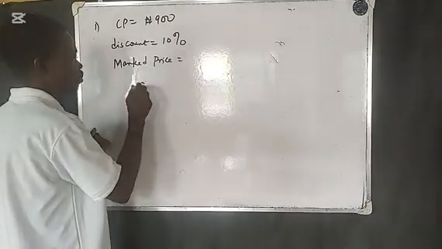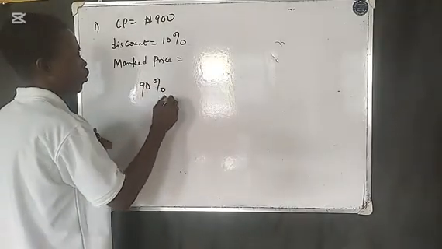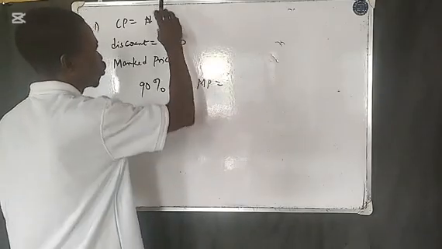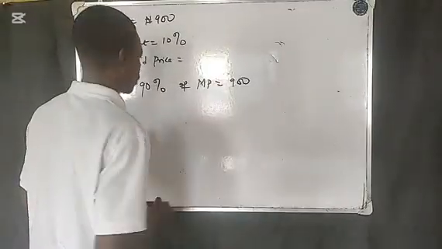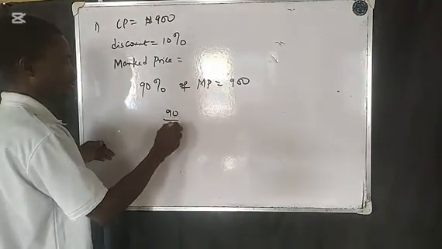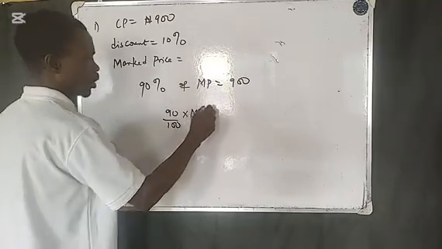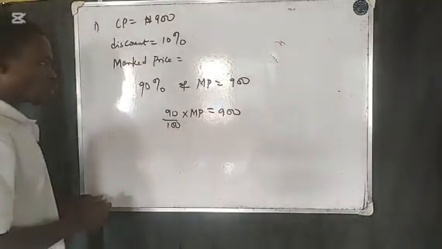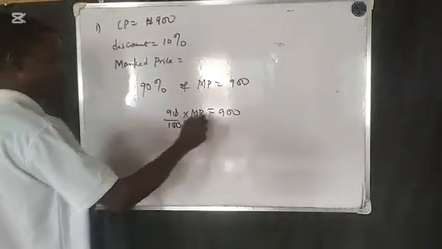So 90% of marked price MP is equal to the amount he paid, right? He paid 900. That's the actual amount. So let's do something. 90 over 100 times MP equals 900, right? So we can say this one cancels this one.